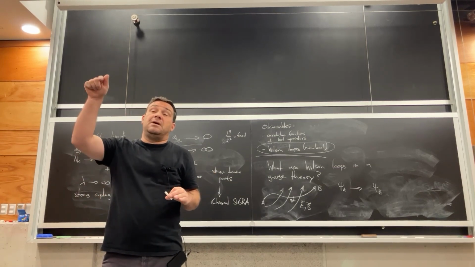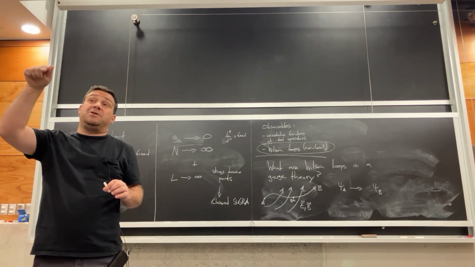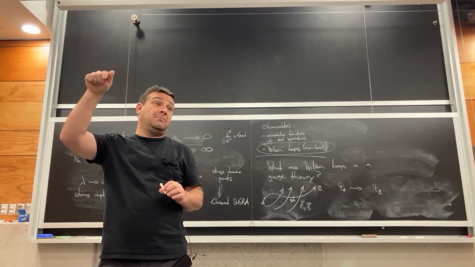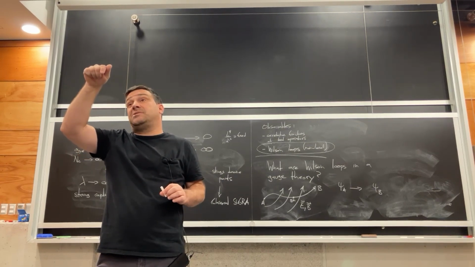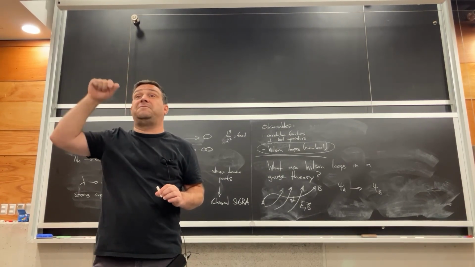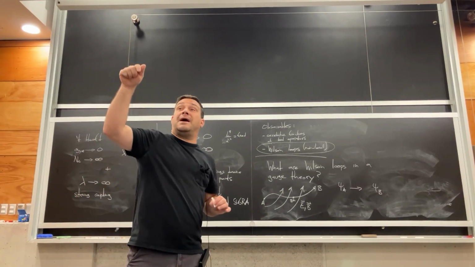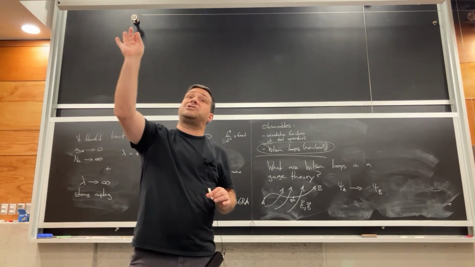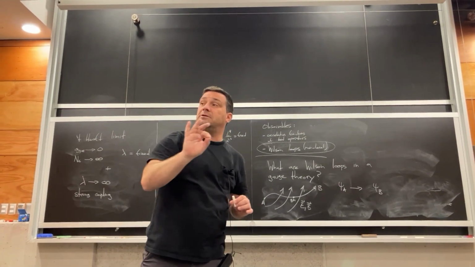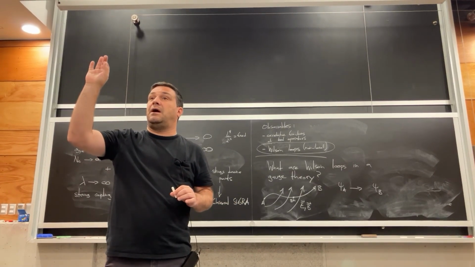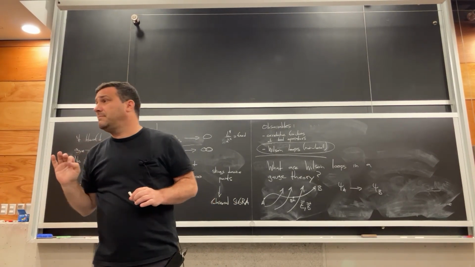So it could be that this wave function returns to the same value up to a global phase. That's the idea that I'm trying to use. Now that global phase will be the action of the particle along this path.